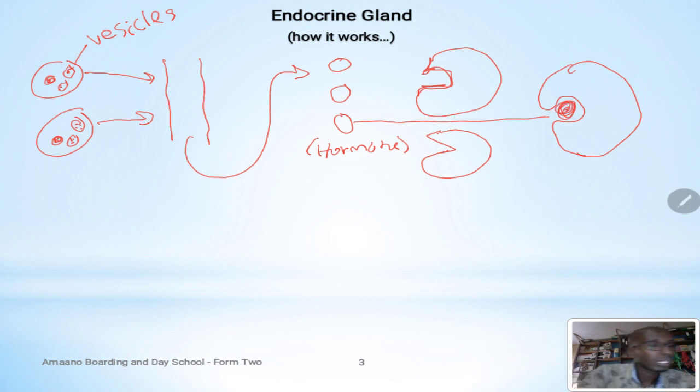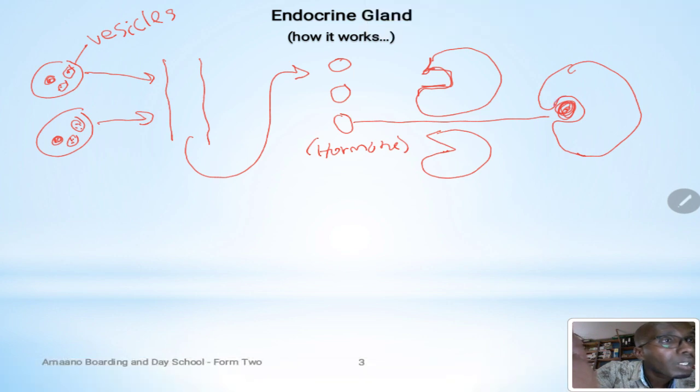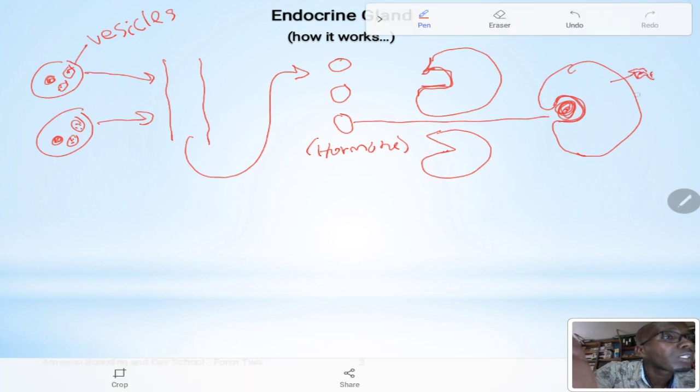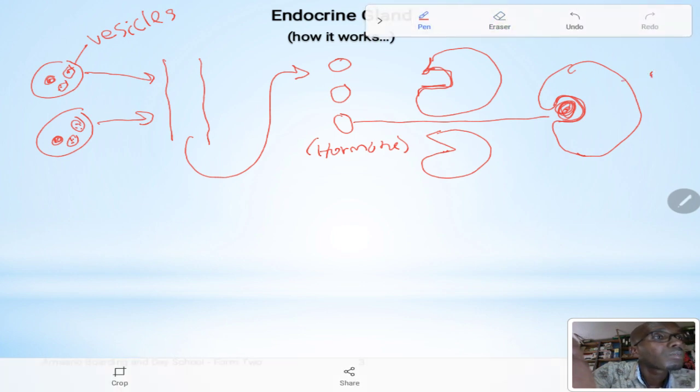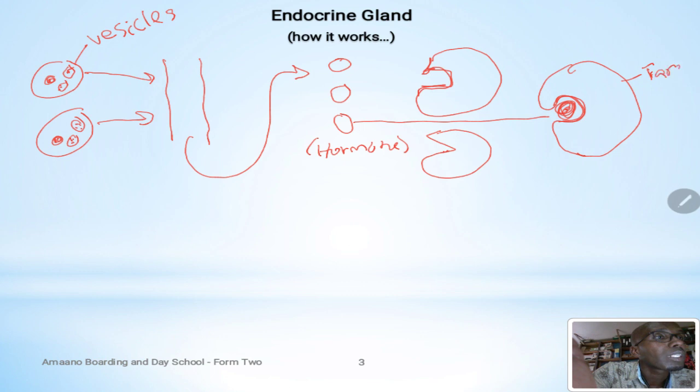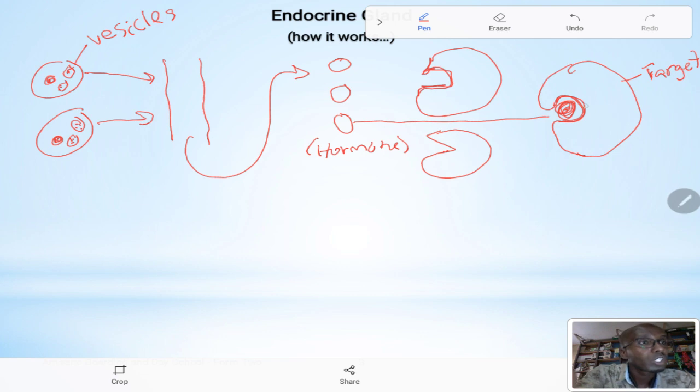So this hormone fits this active site, which makes this cell the target cell, which causes a physiological change within the cell.